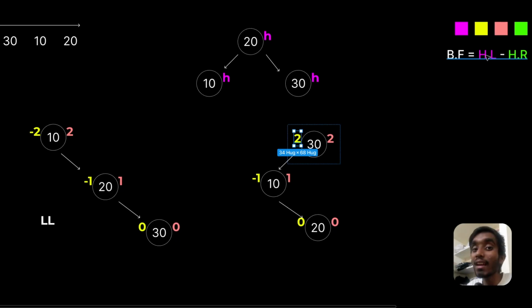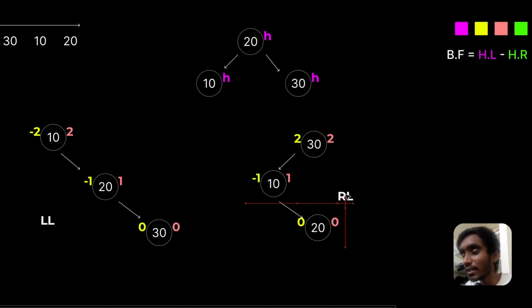And since it is heavy on its left, you should do the rotation in the opposite direction. So one will be R, the other will be L. Because it's not a linear one, we will not perform a pure rotation, but the mixed one. 10 will be rotated with RR, and 30 will be rotated on its left.